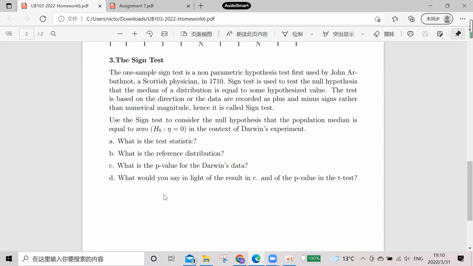So basically, the intuition is, for example, I have 8 positive numbers and 7 negative numbers. Then I would say maybe those two technologies are similar, because by applying those two technologies, I find 8 observations where cross-fertilization is better and 7 where cross-fertilization is not that good. But basically it's similar, right? That's the intuition of the sign test, where I only care about the sign, I don't care about the magnitude.